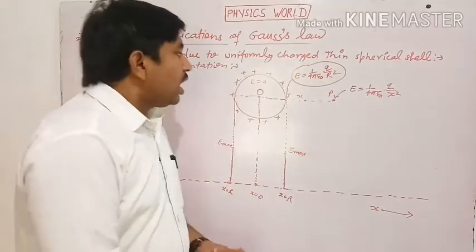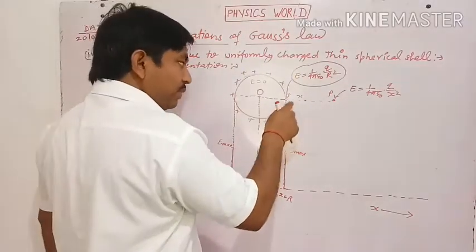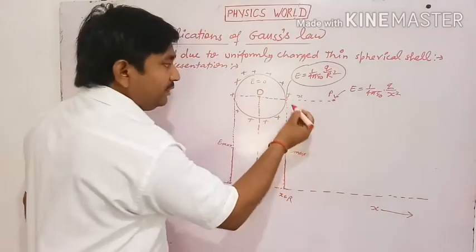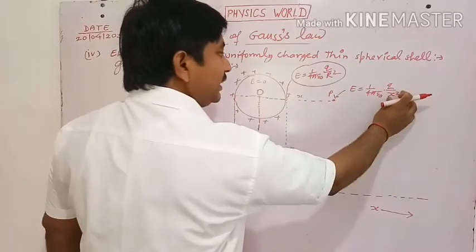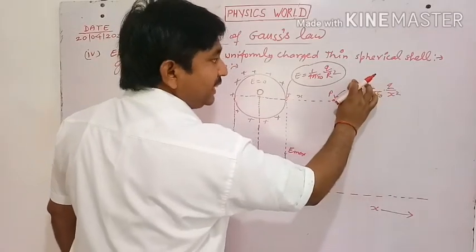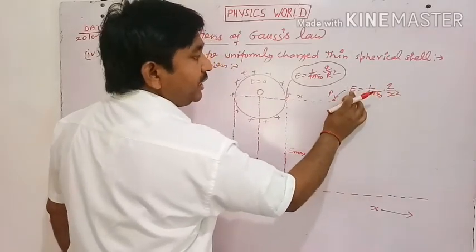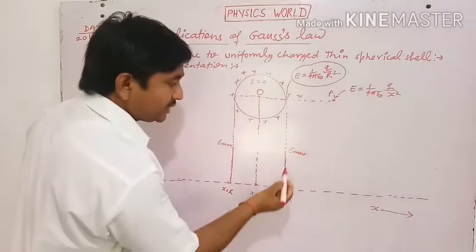If we go farther from the surface, then the value of x increases, so the value of E decreases, because E is proportional to 1 upon x square.